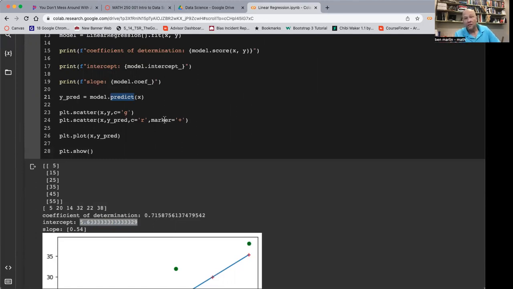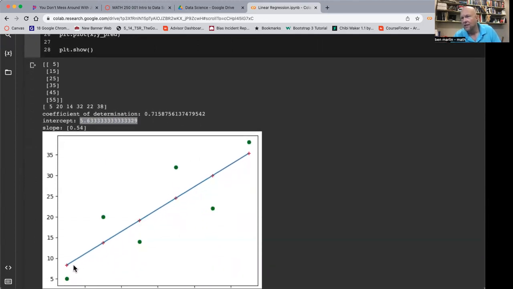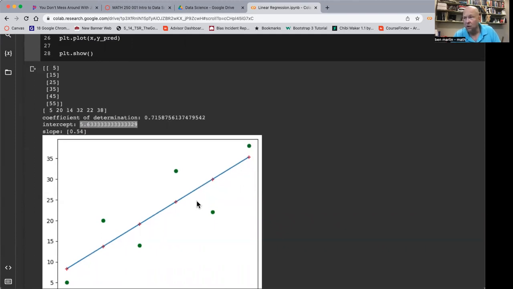So I thought, oh, it needs a vector. I gave it a vector and it gave me an error. So other than feeding the x back to it, I don't know what the purpose really is. But I used that in order to draw the little red dots here. Those red dots are then the predictions of what the y values would be.